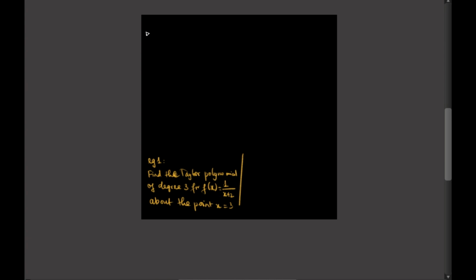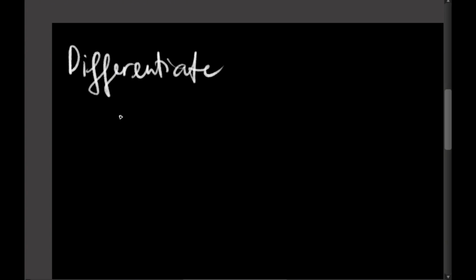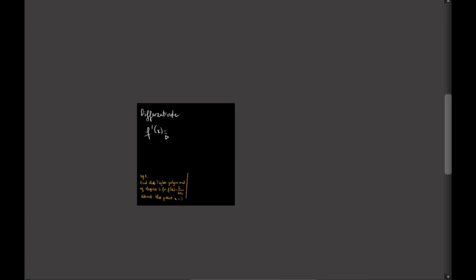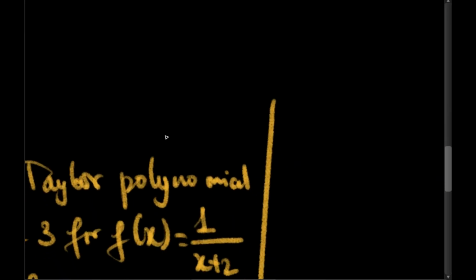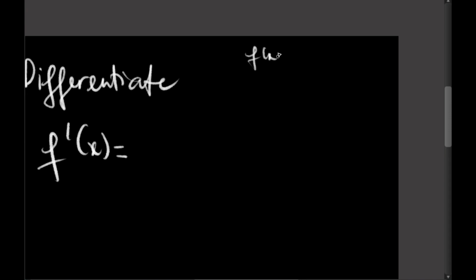Then I'm going to solve it first. So first we have to differentiate. Let's say f(x) is equal to 1 over x plus 2, right?